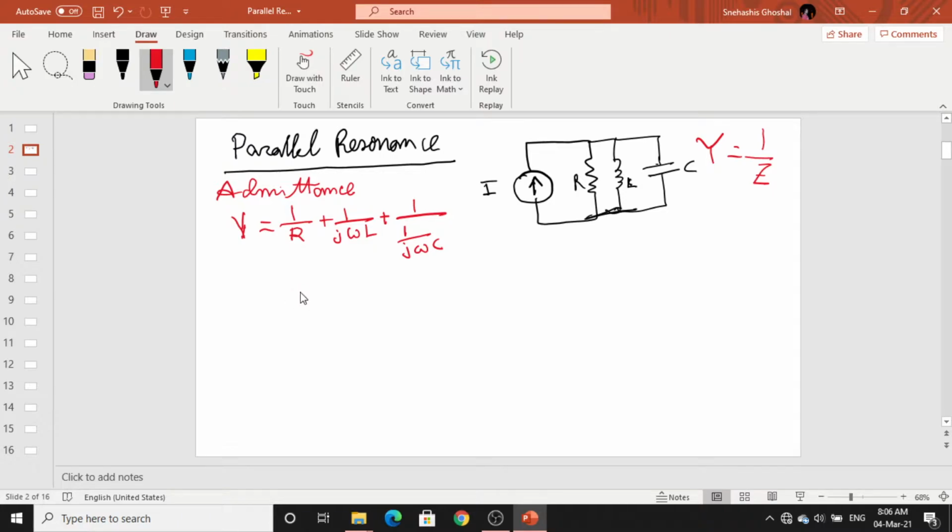Okay, so as a whole it becomes 1 by R plus j times (omega C minus 1 by omega L), this is the effective admittance right now.